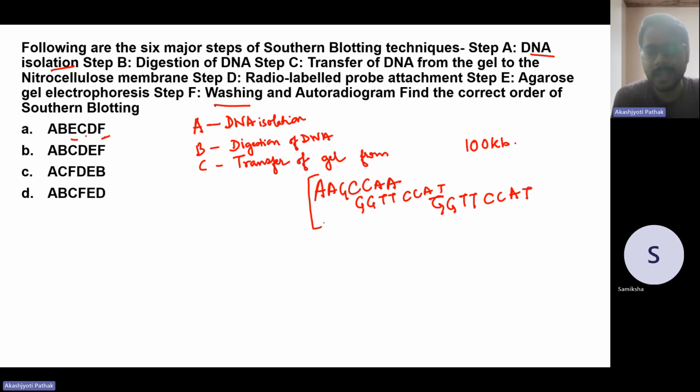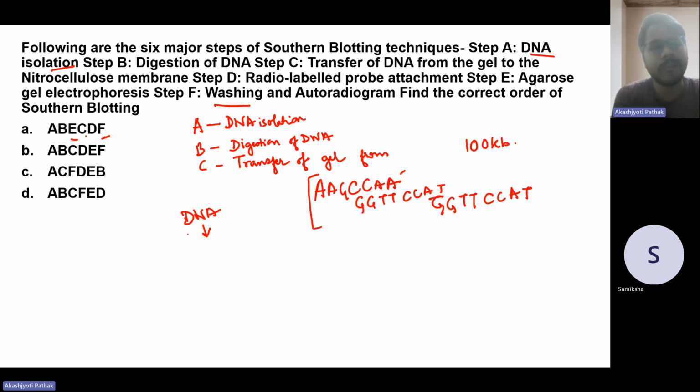What you were asking me is, what if you directly mix the probe with your DNA? So for example, you have denatured the DNA, and then you have added the probe. There will be many non-specific bindings. And how will you remove the non-specific binding? Your gel is thick, so you cannot wash it.